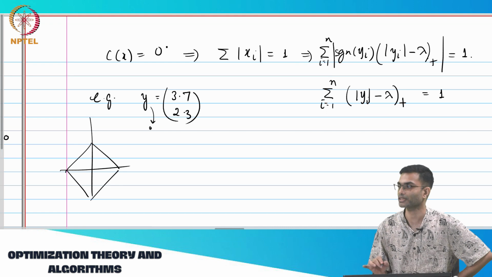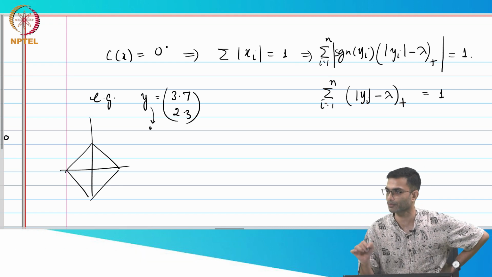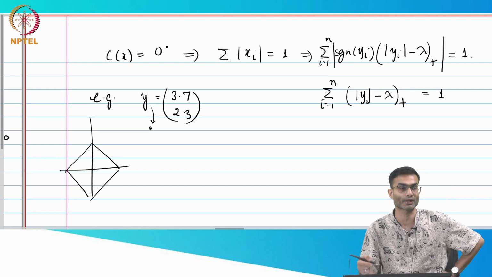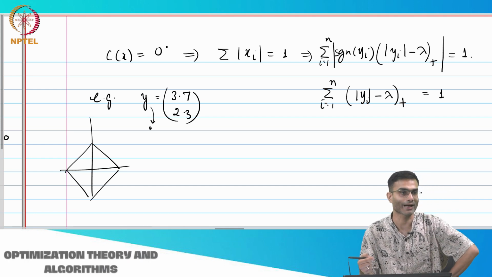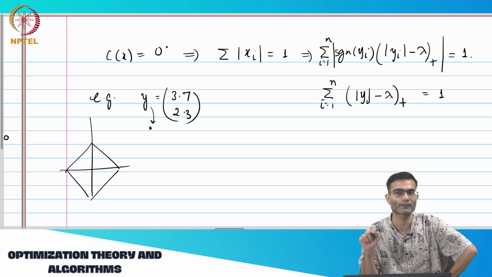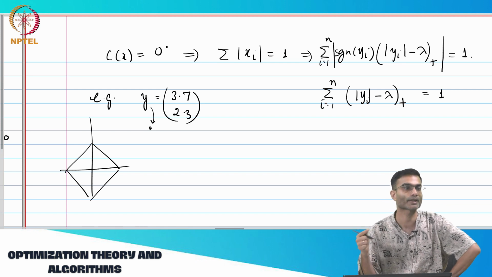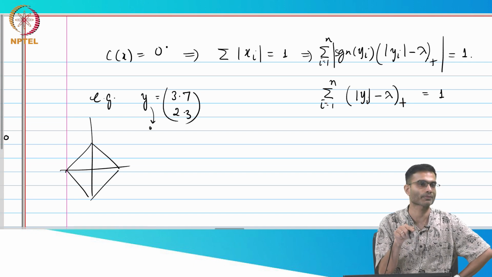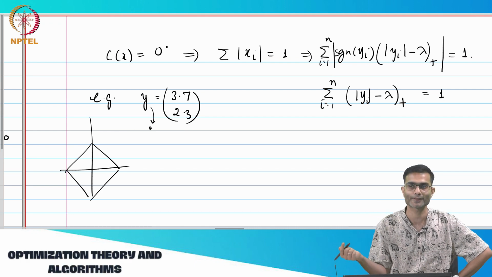Okay, so now this is the expression that I have to work with. Let's plug in one by one y1 and y2, right? I can do it like that, but then I don't know how to evaluate the plus operator because I don't know lambda, right? Supposing I put 3.7 and 2.3, I have 3.7 minus lambda plus operator. I don't know how to evaluate that because I don't know lambda.